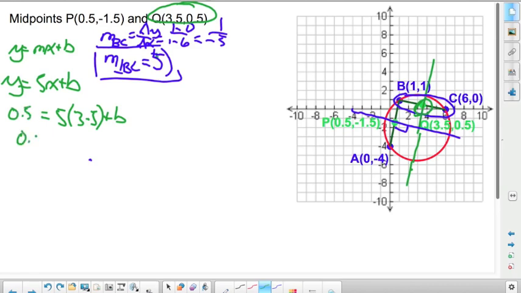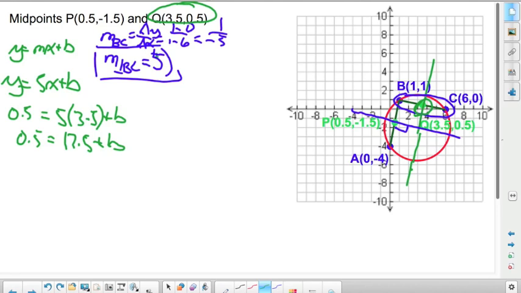So 0.5 is equal to 5 times 3.5, which gives me 16 and a half? 17 and a half? Plus B. And so now how to isolate for B?